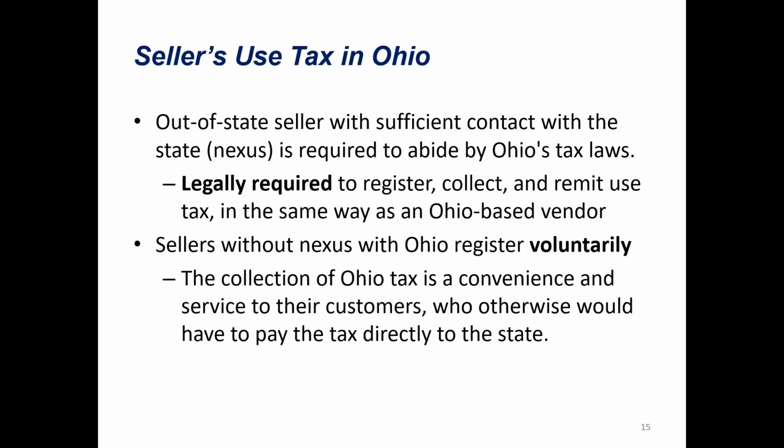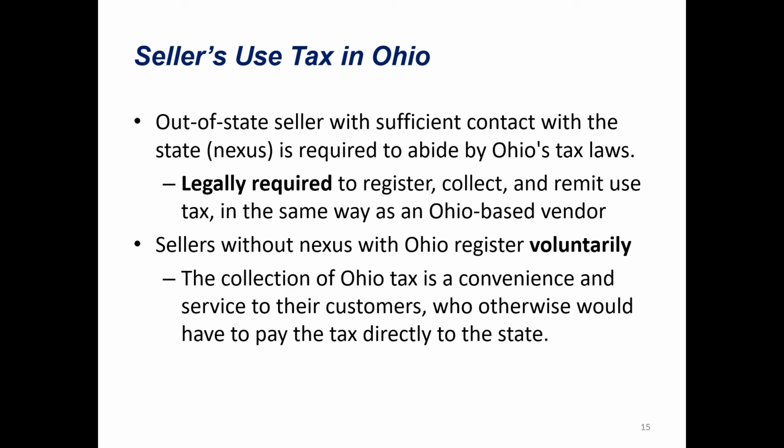Very good. Sellers: if an out-of-state seller has sufficient contact with the state, they are legally required to register, collect, and remit the use tax, the same as an Ohio vendor. If they are legally required and they are out of state, then they generally get the seller's use tax account.